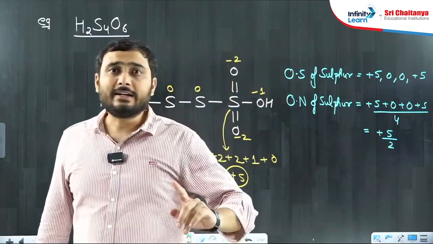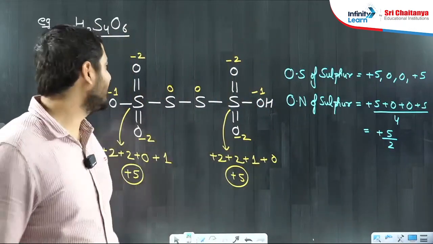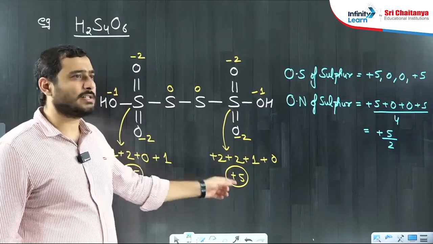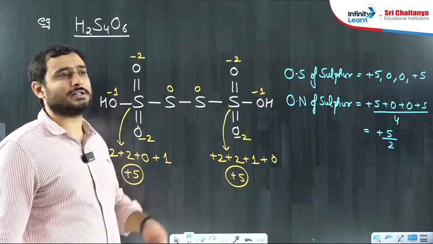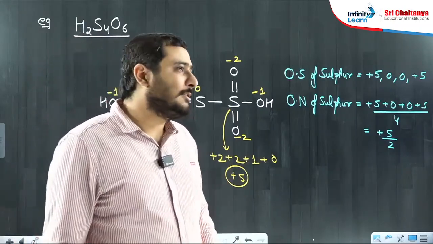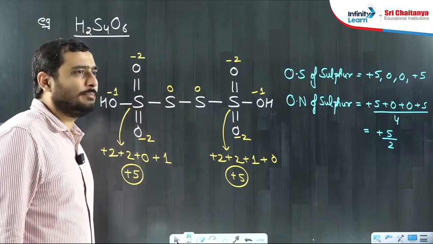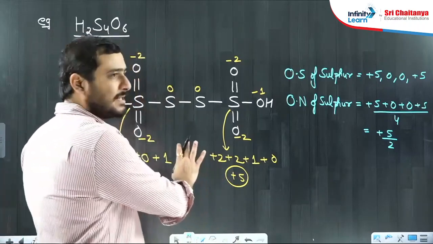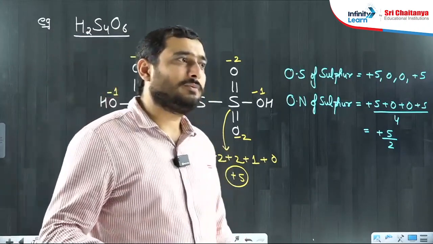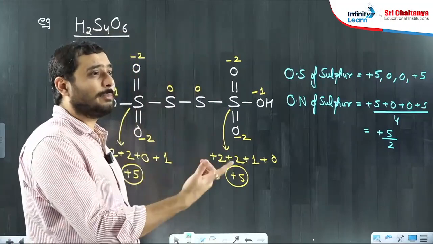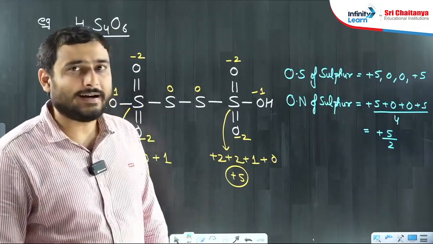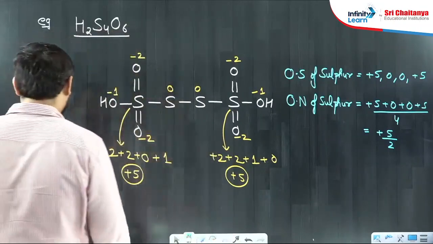If they ask for the individual oxidation state of sulfur, 2 sulfur have +5 and 2 sulfur have 0, so the answer is +5, 0, 0 and +5. Any doubt in this example? Now it is clear why we wrote at that time 2 sulfur +5, 2 sulfur 0. You can find it easily.